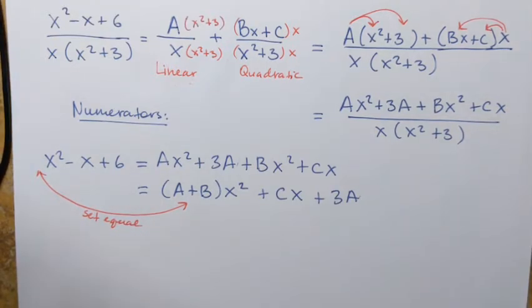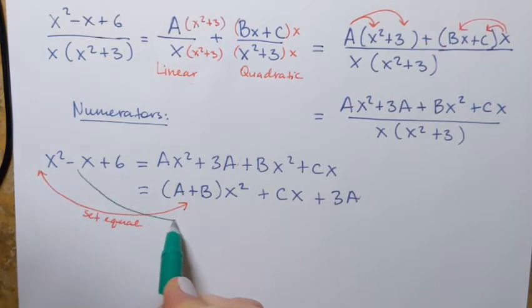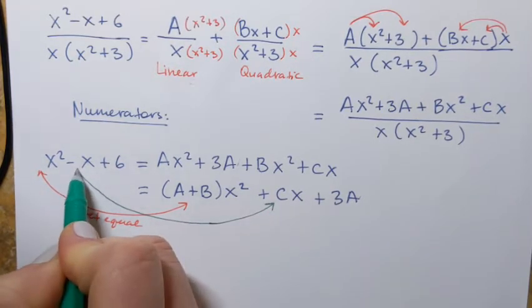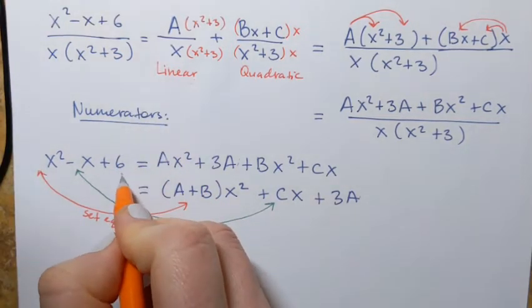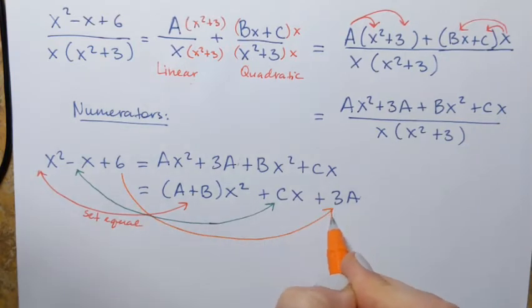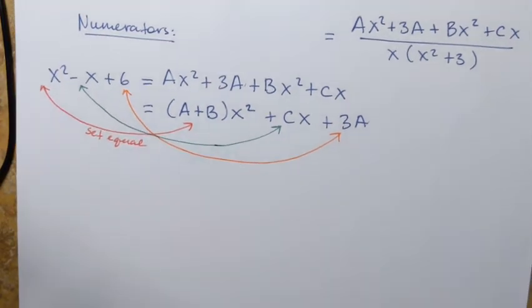Next, I'm going to take the coefficient of x, and set it equal to the coefficient of x on the right hand side. And then finally, I'm going to take the constant on the left hand side, and set it equal to the constant on the right hand side. And here's the system that I'm going to obtain.